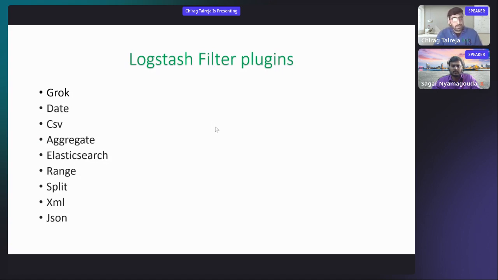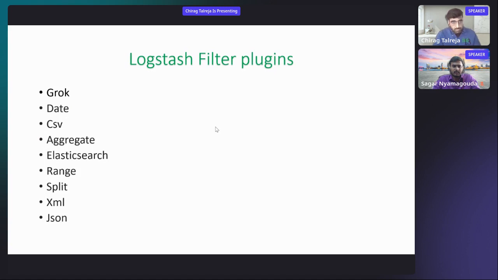So the first one is the grok filter. What you can achieve using the grok filter is you can parse any unstructured data you receive into fields. For example, some of the Apache weblogs have regex patterns. Those can be split accordingly into different fields and fed into Elasticsearch.